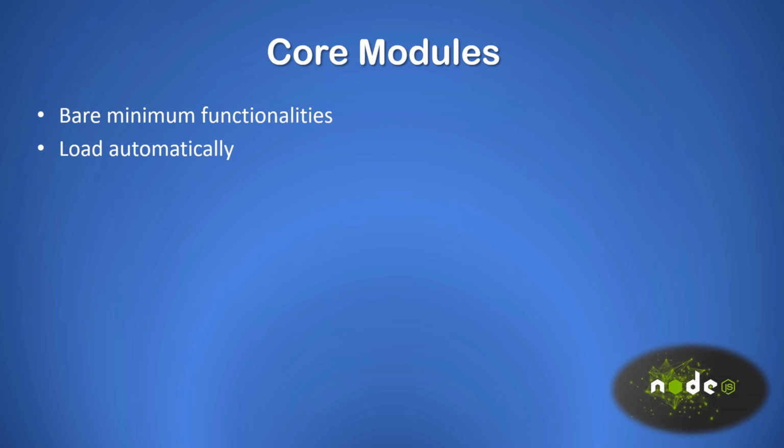These core modules are compiled into binary format, or a distribution. So they load automatically when the Node.js process starts. You don't have to explicitly install anything, they just load automatically when your Node.js process starts.